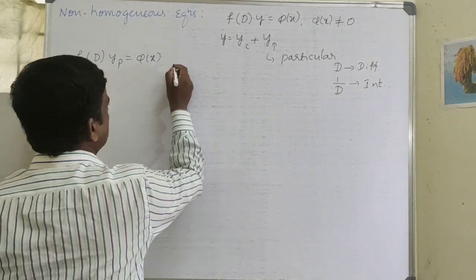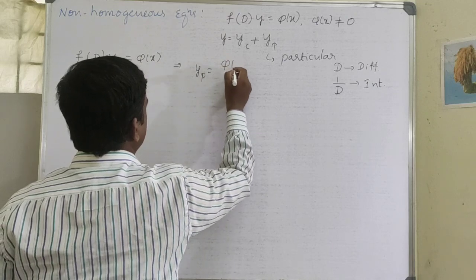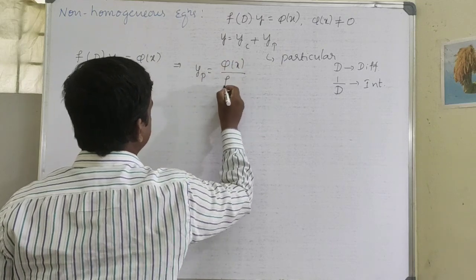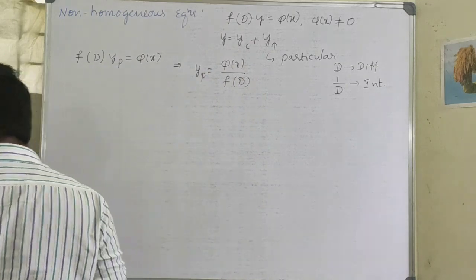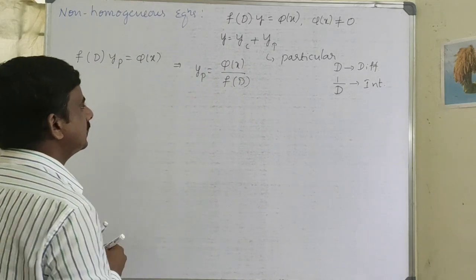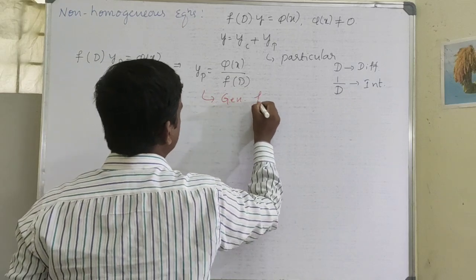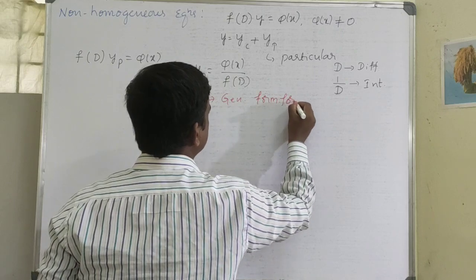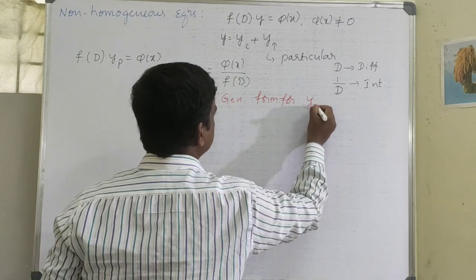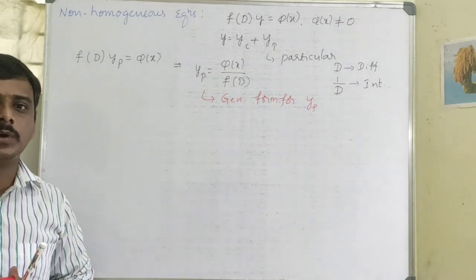From this, you can write yp equal to phi of x divided by f of D. This is called the general formula for yp. That is the formula we are going to use to determine yp.